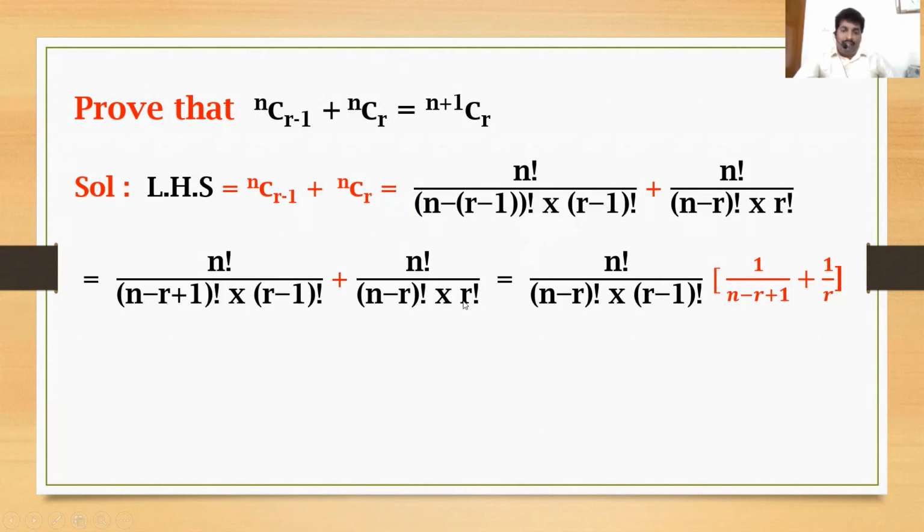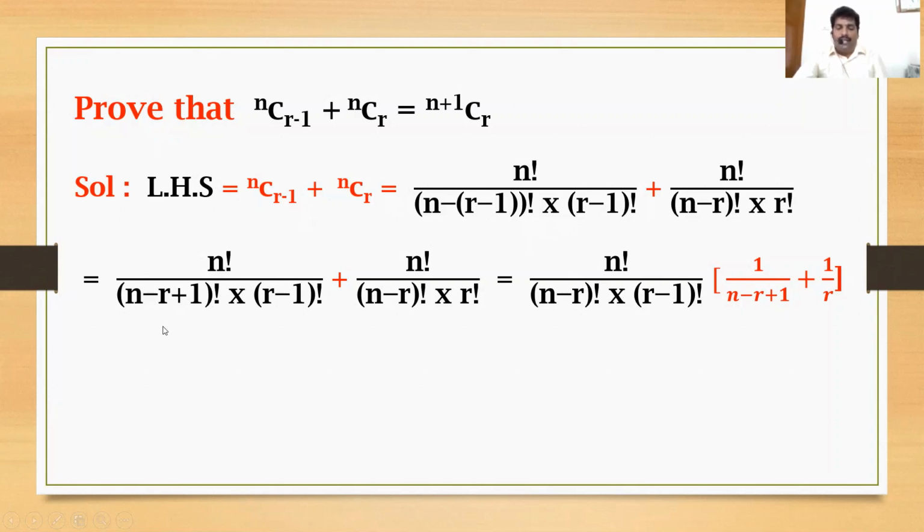So what is left in the second place is r only. So here 1 by r. In the first part, if you observe, n minus r plus 1 factorial can be written as n minus r plus 1 into n minus r factorial, because it is one less. So n minus r plus 1, if you subtract 1, you will get n minus r.